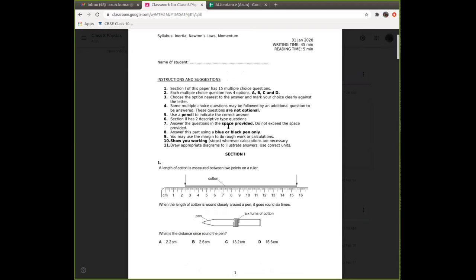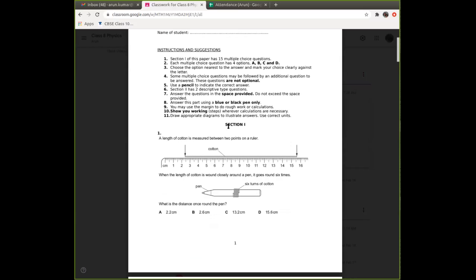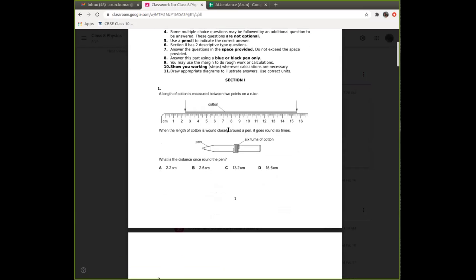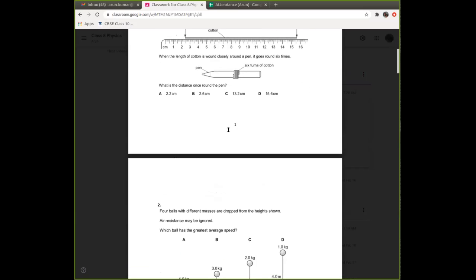Now, there are some instructions and suggestions, and I suggest you read that carefully once before you sit for the test. The instructions and suggestions are usually almost exactly the same. Now, there are basically two sections.